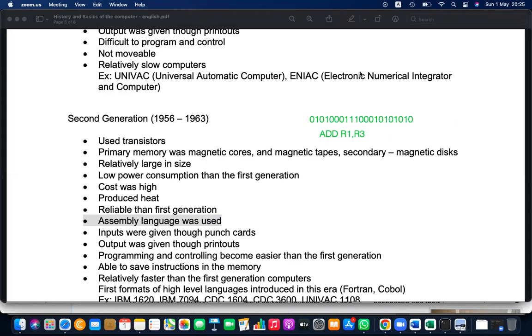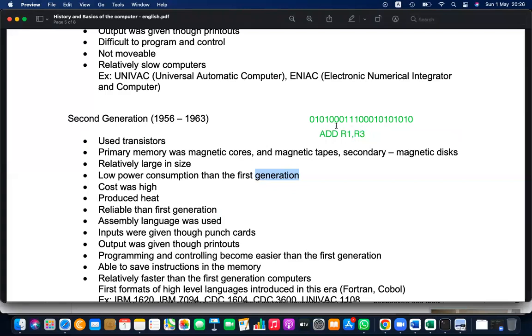When it comes to the third generation, these first generation, second generation computers were really machine dependent in the programming. Machine dependent means when you write a program for a first generation or second generation computer, it was not possible to use the same program in some other computer, because computer to computer codes were different.